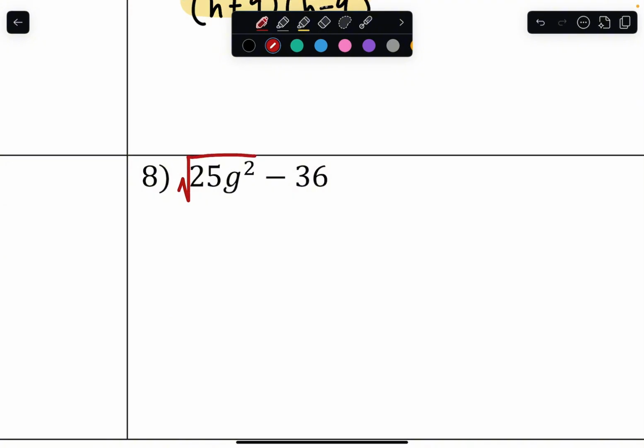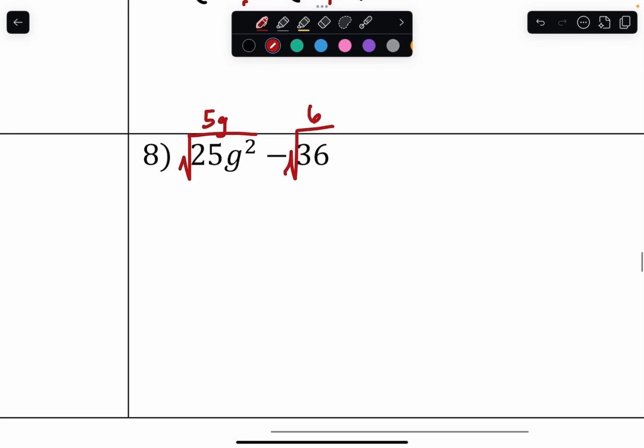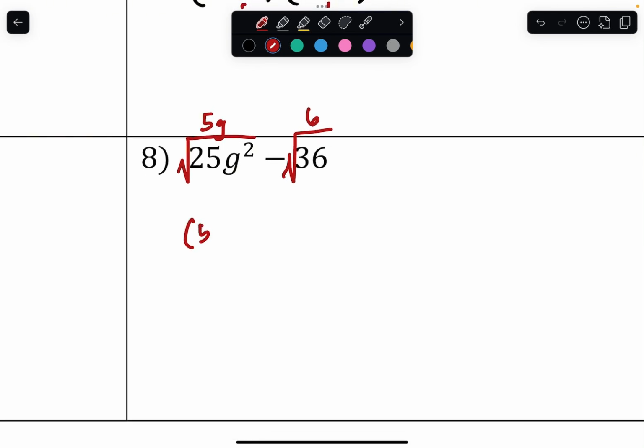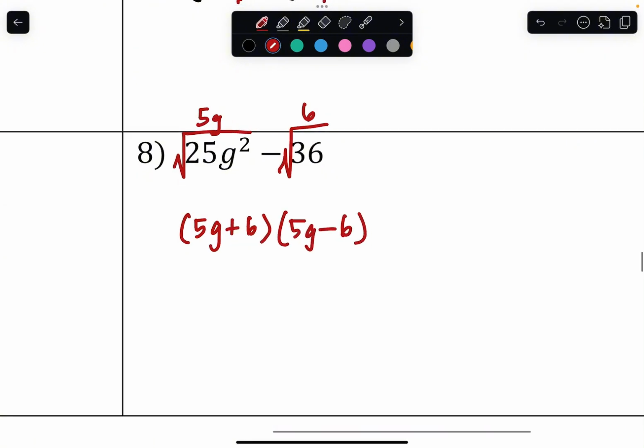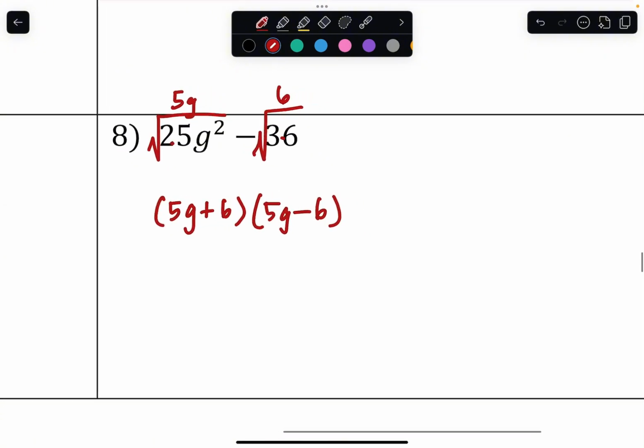So square root the first, we get 5g, square root the last, we get 6. Okay, and so our factors are 5g plus 6 and 5g minus 6. That's saving us a ton of time of trying to figure out what 25 times 36 is and then find the magic numbers that multiply to that but add to 0.